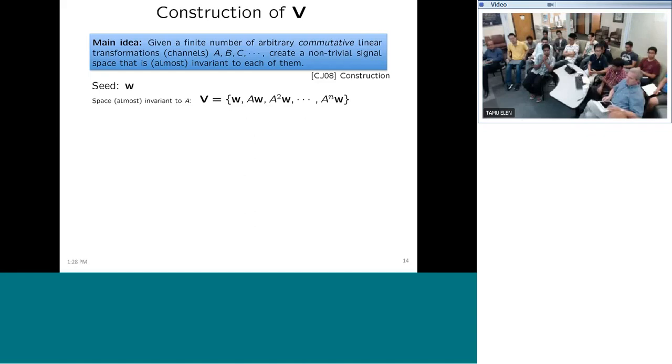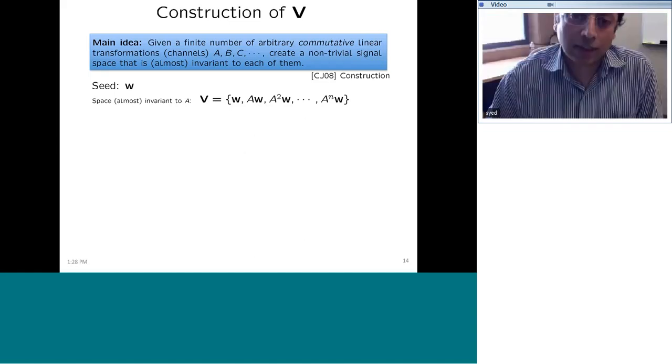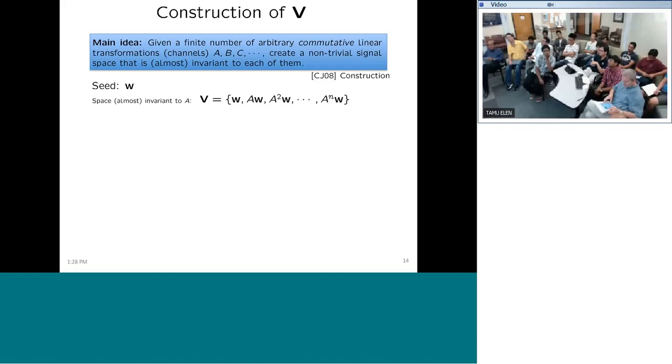Syed, one question. By the Cayley-Hamilton theorem, that also is in the same subspace, right? Because all higher polynomials are linear combinations of these first few. I'll have to think about that. Okay. The Cayley-Hamilton theorem says that if you take the characteristic polynomial and substitute A in it, it is 0. That means A to the 100th power is a linear combination of the first few. So it actually is exactly in that space.